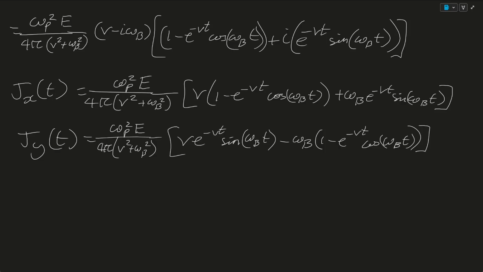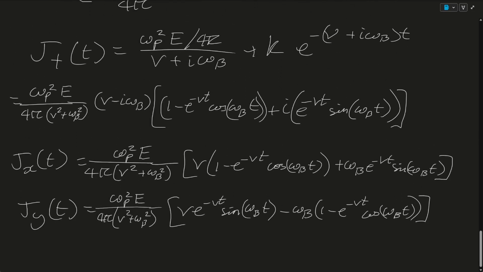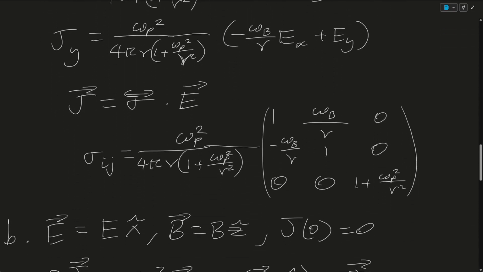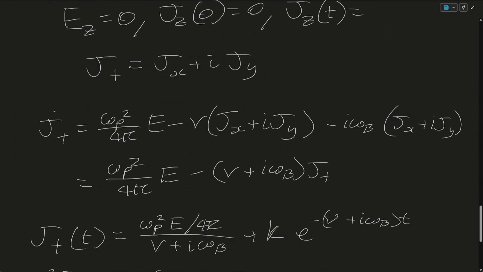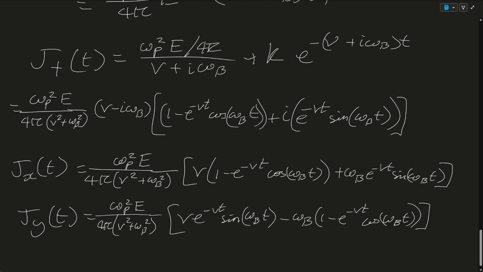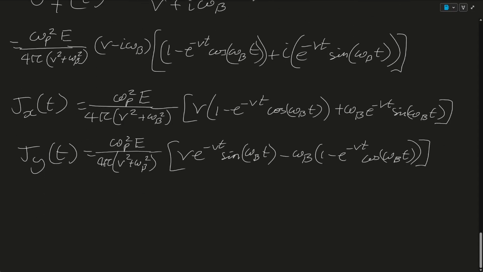And so this is what we're left with, and this is sigma with indices x and x for the x component, and sigma with indices y and x for the y component.